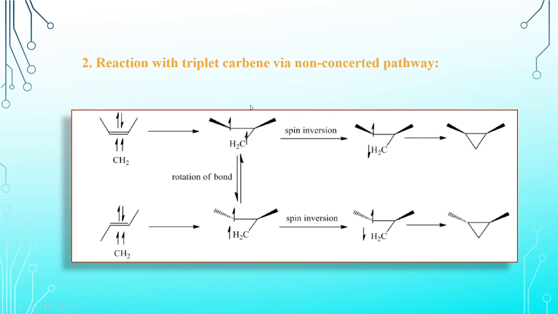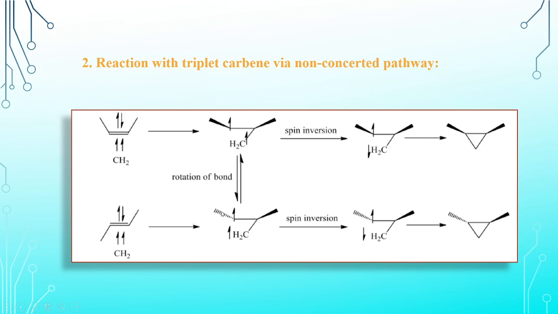So when one electron is inverted, however, the spin inversion is a slow process. Therefore in this slow step the carbon-carbon bond rotation also takes place, which is followed by the spin inversion. Due to this single bond rotation we get the two products.